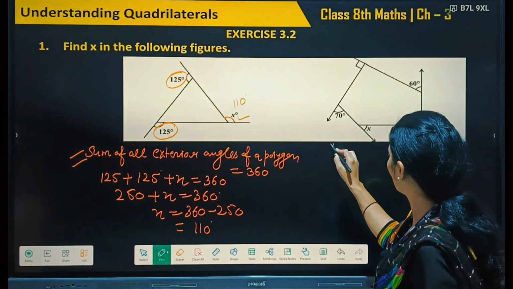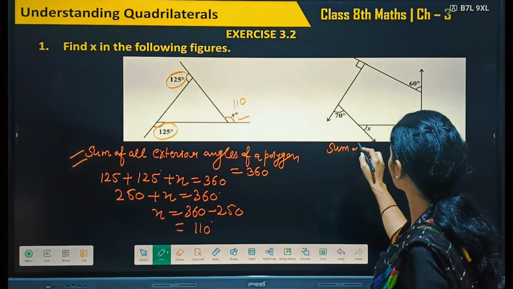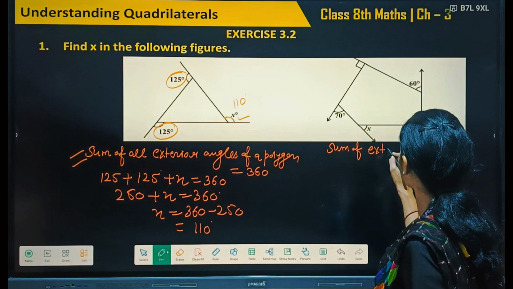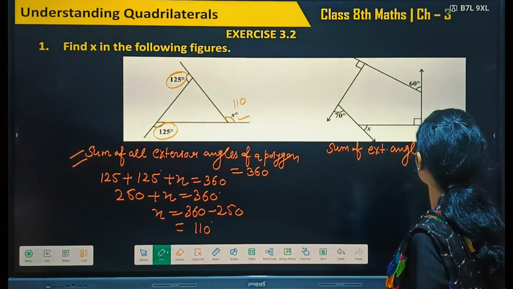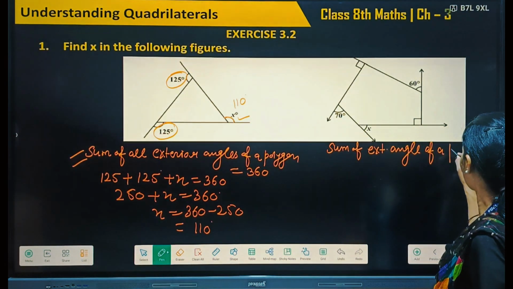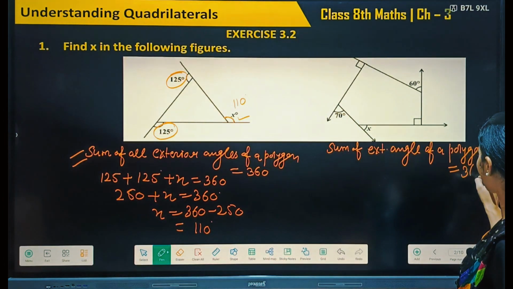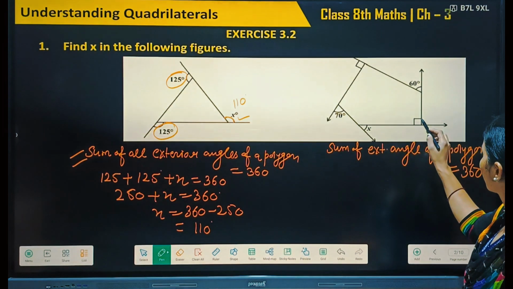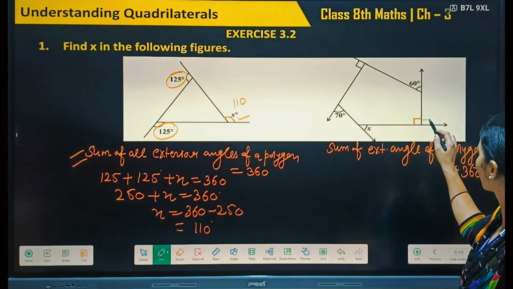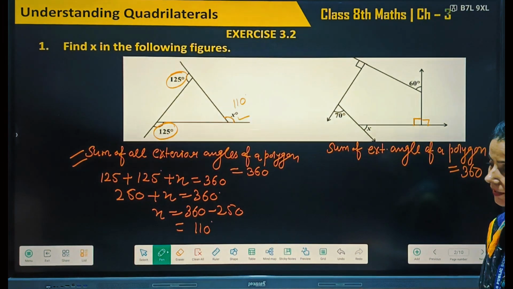Now sum of all exterior angle of a polygon is equals to 360 degree. This angle is of 90 degree, then this angle will be also 90 degree.